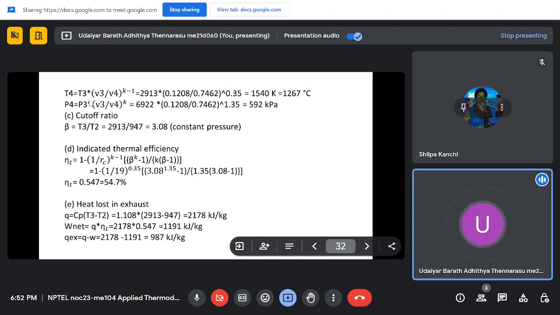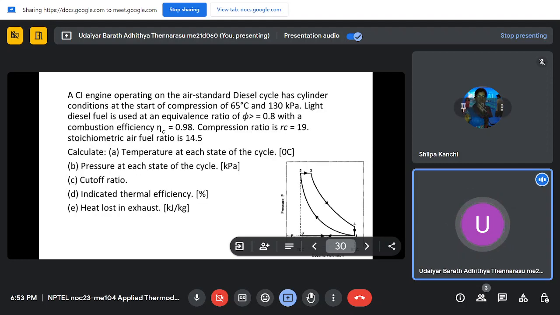We have already calculated the compression ratio for process 3 4, so using V3 by V4 raised to power k minus 1, with V3 and V4 already calculated, and substituting, we will get temperature as 1267 degrees Celsius, and pressure at 4 will come out to be 592 kilopascal. So now we have calculated the pressure and temperature at each state, so question A and B is done.